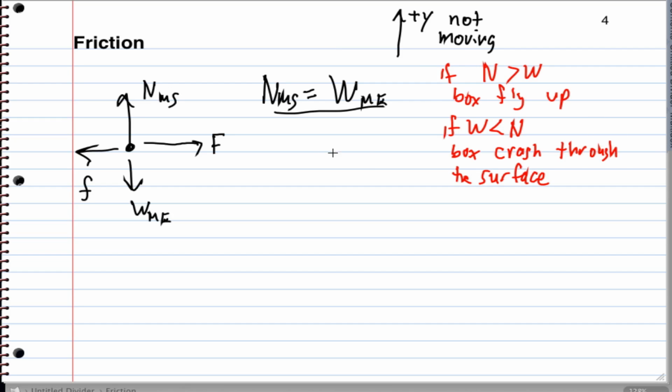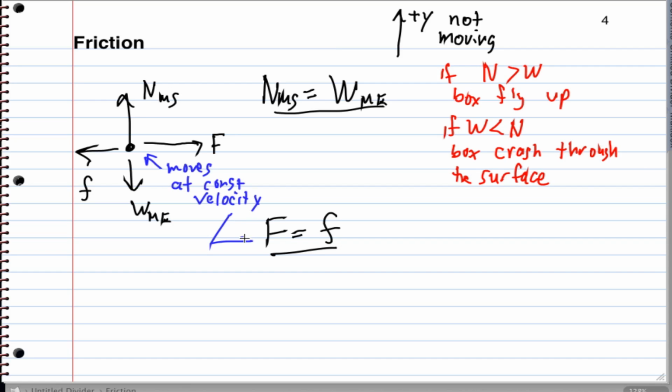Here's the weird part about this from Newton's first law. According to Newton's first law, since this moves at constant velocity, the very disagreeable conclusion we are forced to say is that the force applied exactly equals the friction. And the reason we know this is from the dry ice lab.